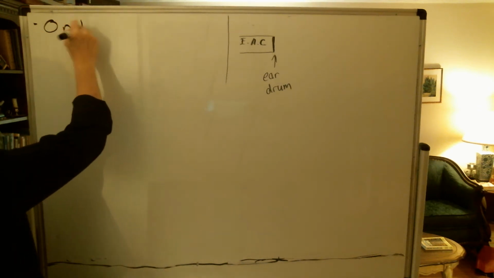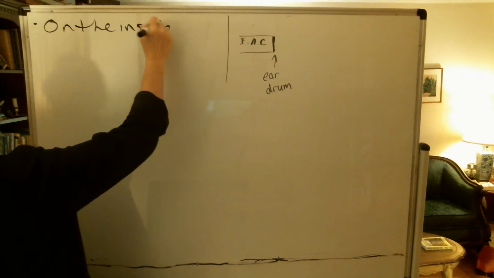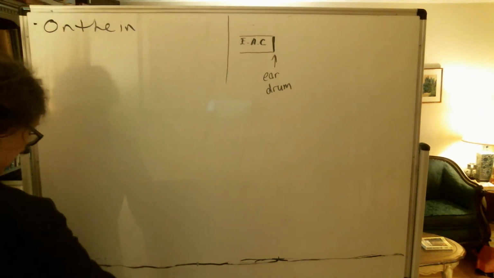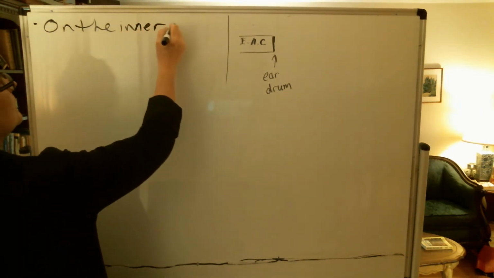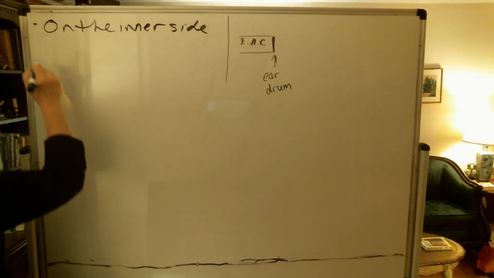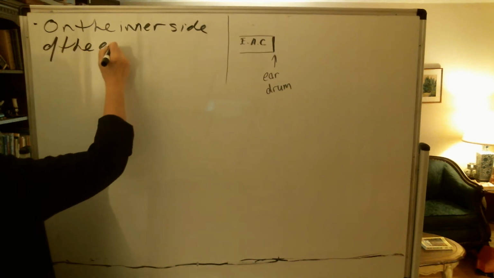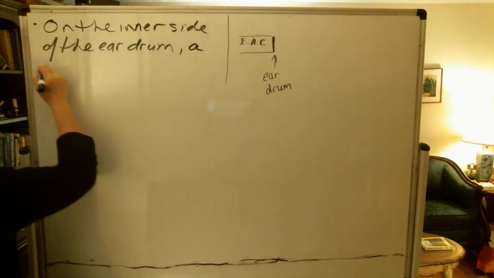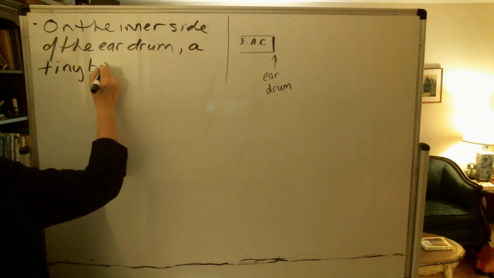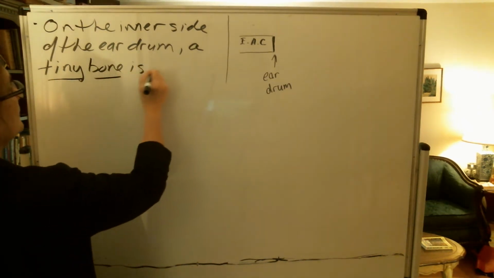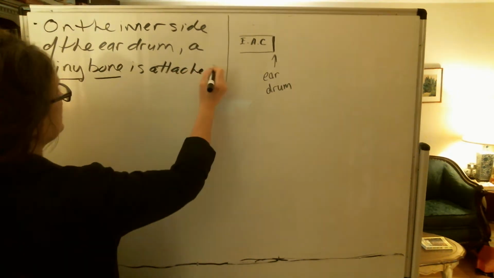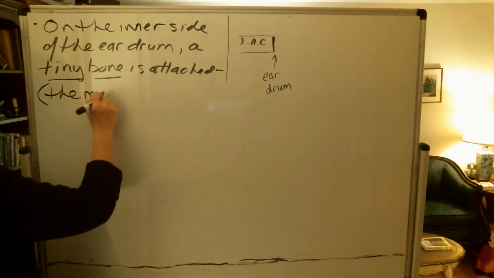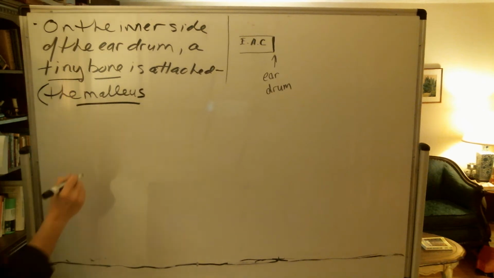So then, on the inner side of the eardrum, a tiny bone is attached. And this is called the malleus.